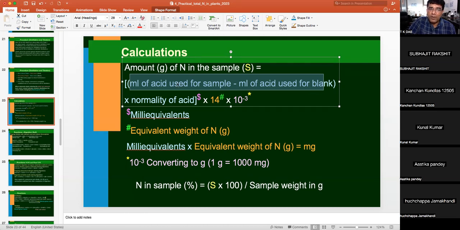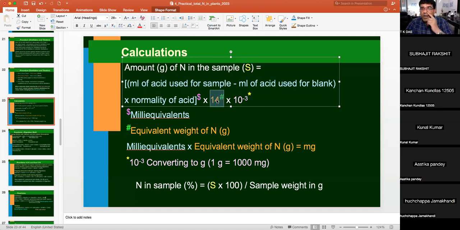So whatever volume is there, multiplied by 0.1 normal, you will get the milliequivalents of nitrogen. Then if you multiply milliequivalents of nitrogen with 14, which is the equivalent weight of nitrogen, you get milligrams. So up to 14, you get milligrams of nitrogen, then multiplied by 10 to the power minus 3.